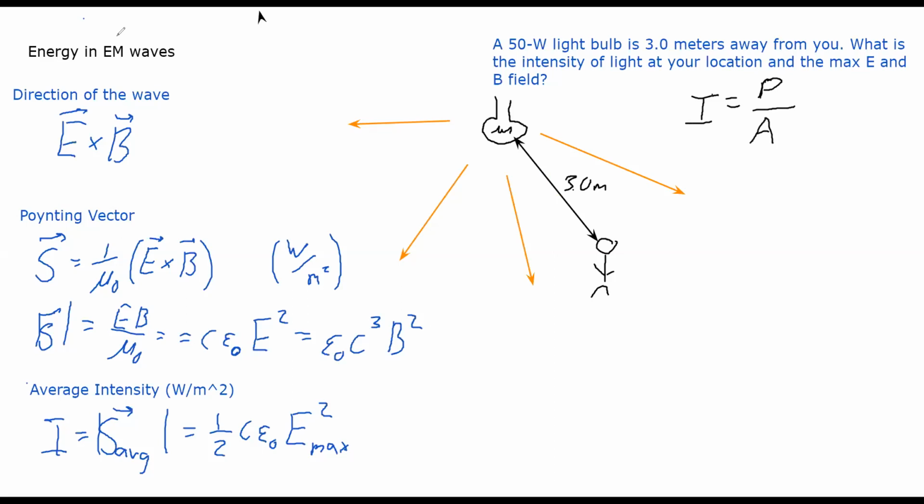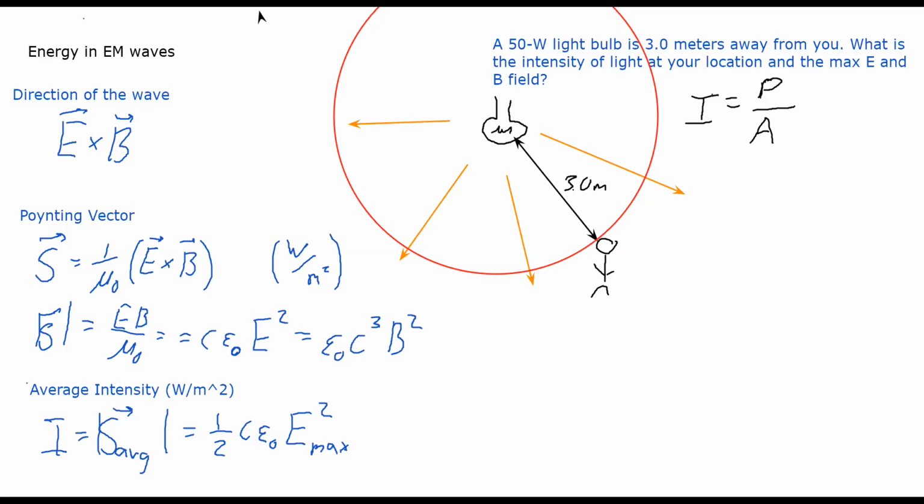The light bulb is going in all directions, so you can think of it as this circle, and that circle is where that light is being distributed.